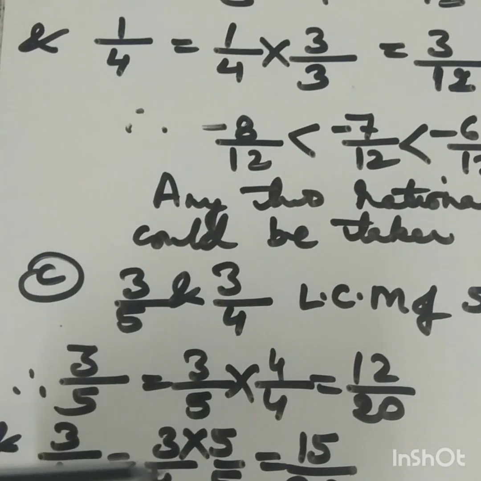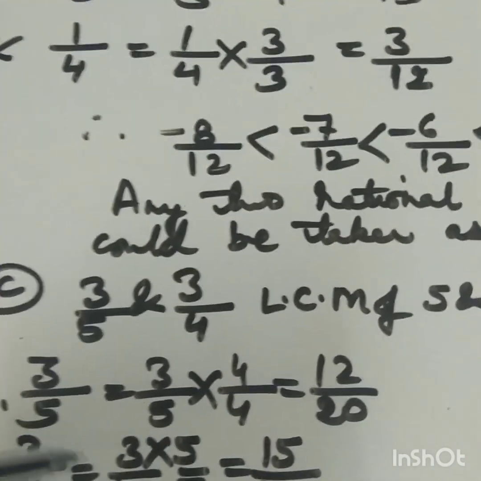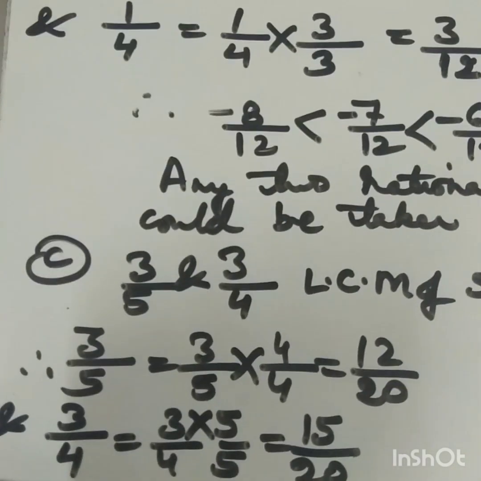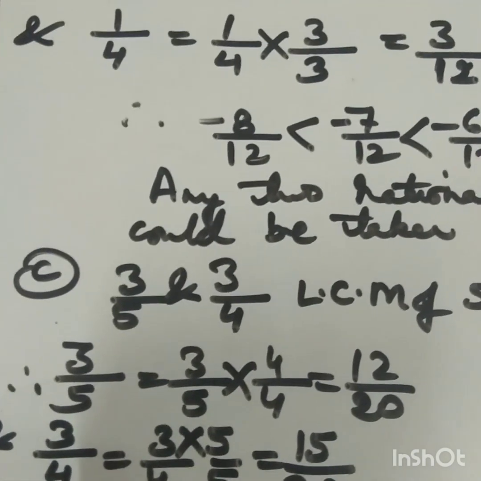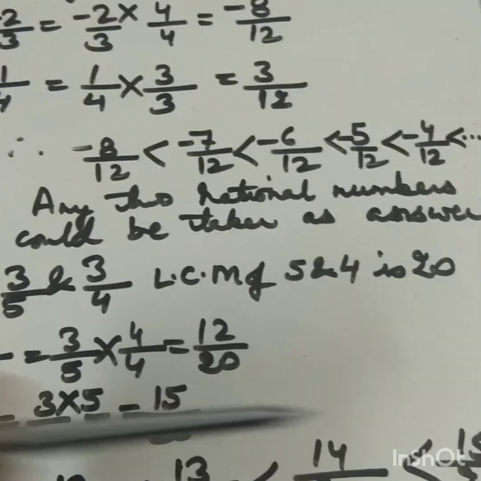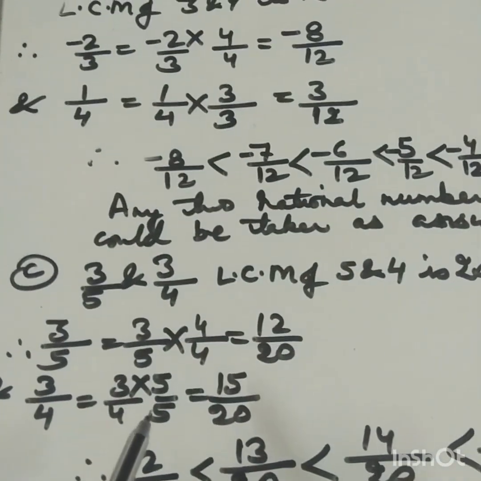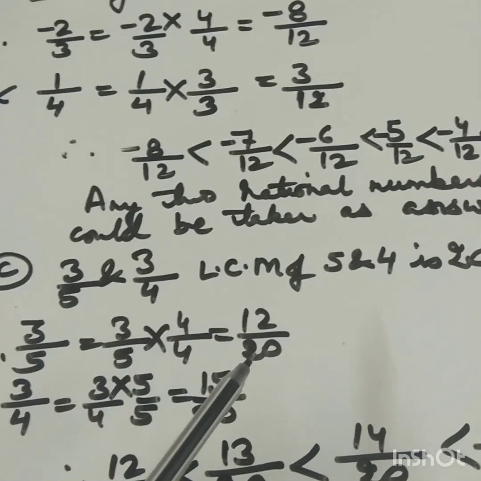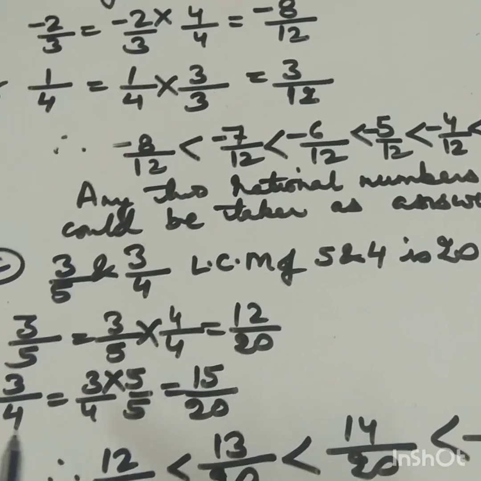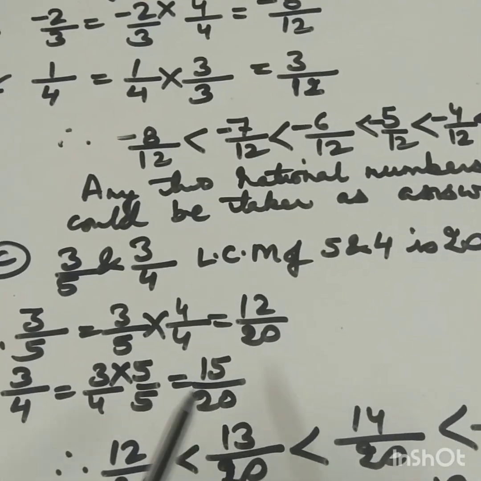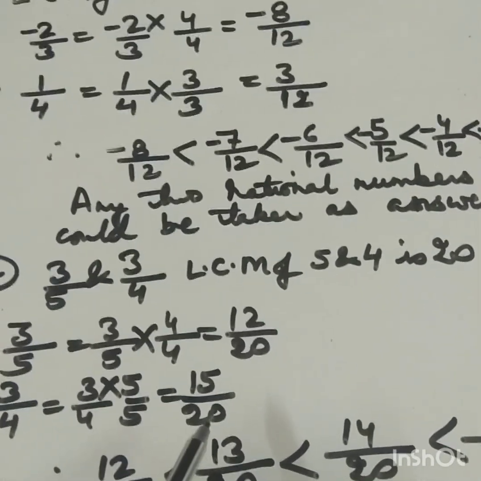and 1 by 4. Now next question also, 3 by 5 and 3 by 4. First take out the LCM, change them, and LCM is coming 20. Now if LCM is 20, 3 by 5, change it to like fractions, so it will be 12 by 20. Similarly 3 by 4, change it to like fraction, it will be 15 by 20.